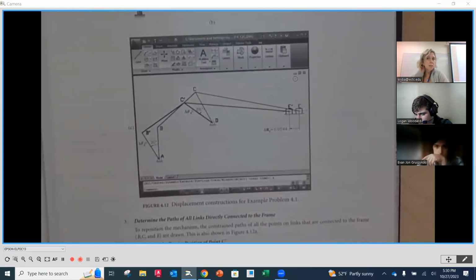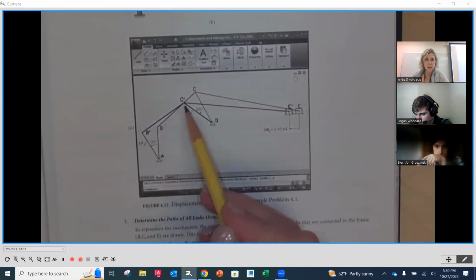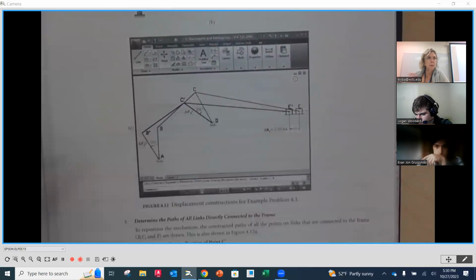Now they also differentiated by putting primes. So they still had their same joint labels here, A, B, and C, but their new one is B prime, C prime, and E prime, okay, for the new motion or the new placement. Now, you also have to add dimensions to answer the questions that were in the problem.